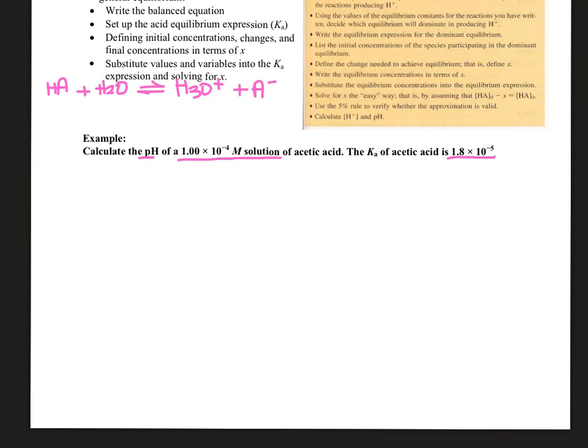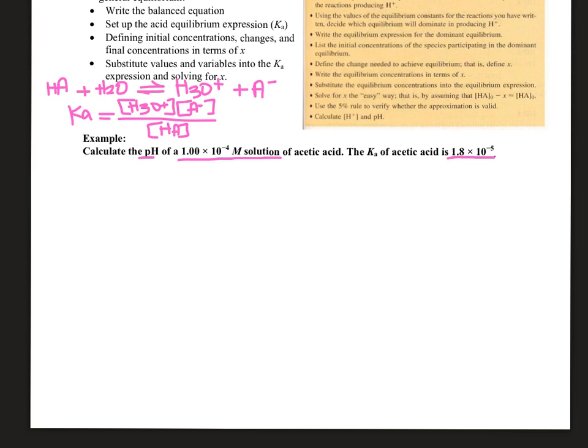So keep in mind when we plug into our Ka expression, we would ignore the water. So Ka would end up being concentration of H3O plus times concentration of A minus, and remember, when we say concentration, we mean molarity, not moles, over the concentration of acid. Now, if this was a strong acid, we wouldn't need to do this.